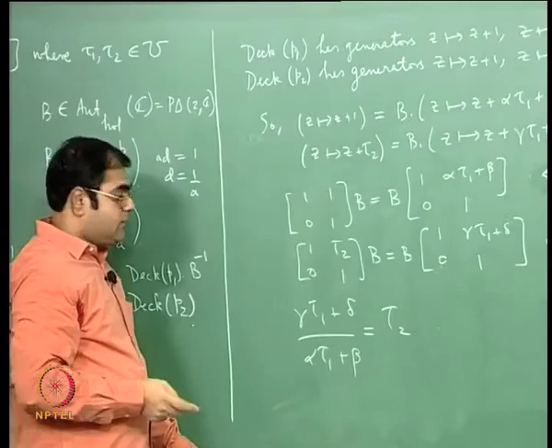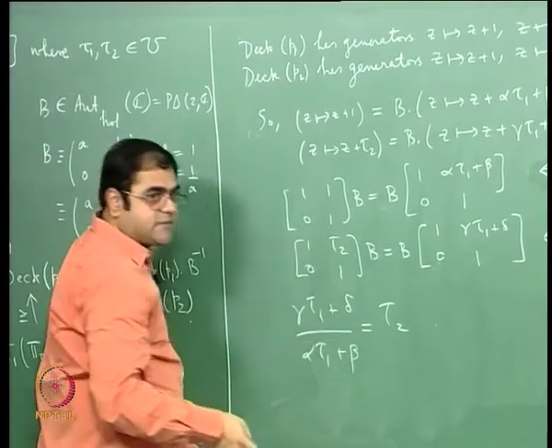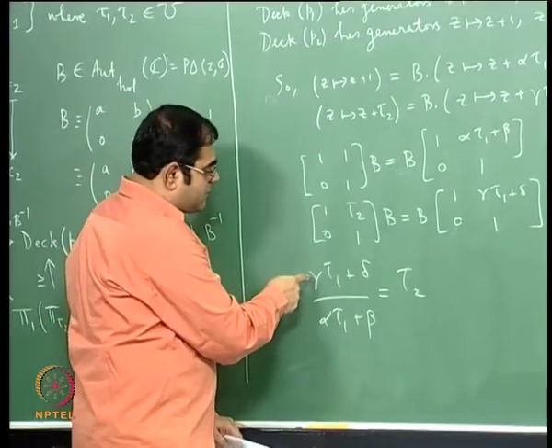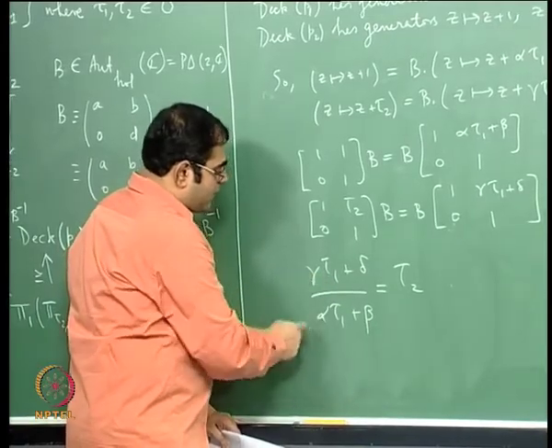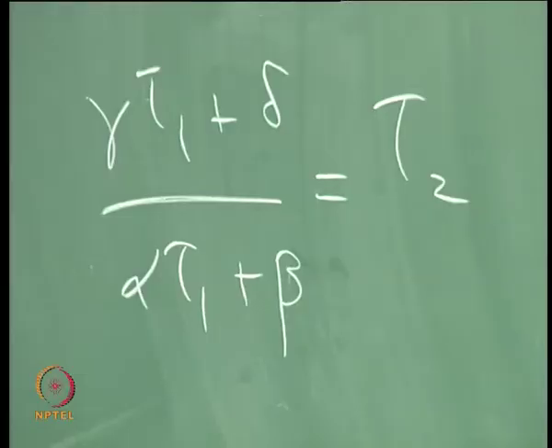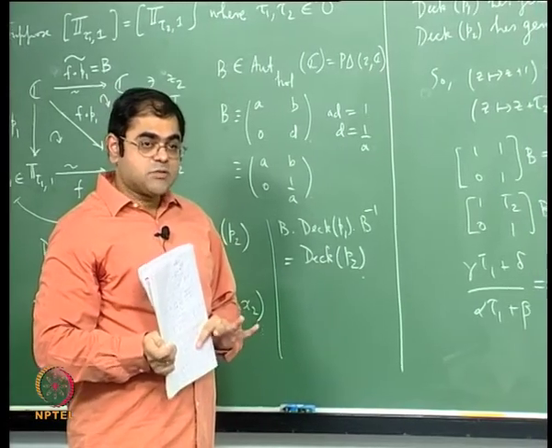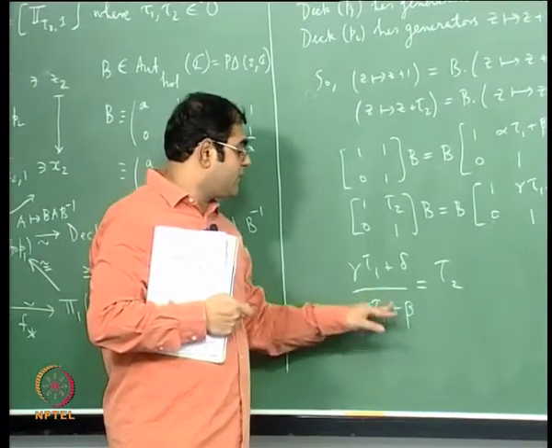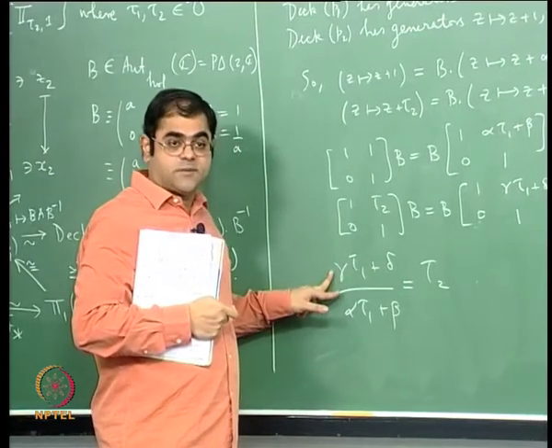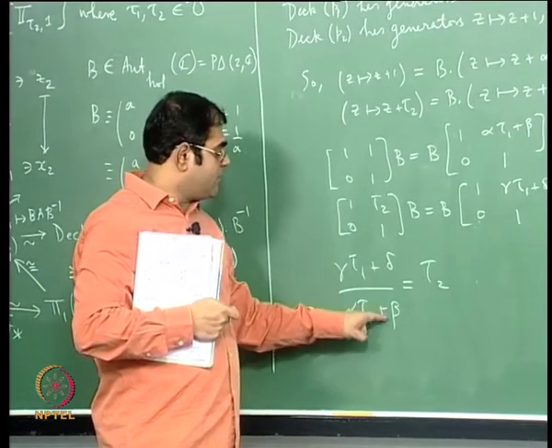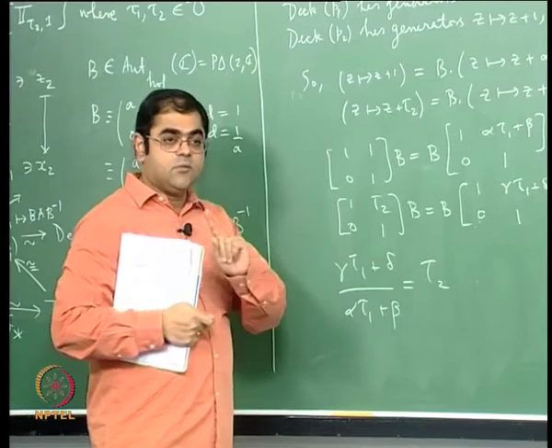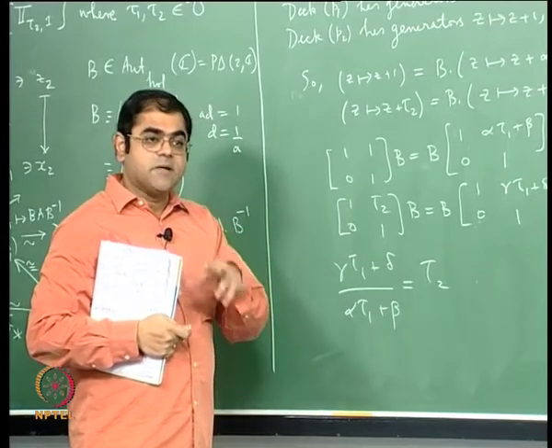Now there's a point here, there's a check that has to be done to say that gamma beta minus alpha delta is actually equal to 1. One has to, for example, even verify that this is really a Mobius transformation, so one has to really verify that it is, for example, not equal to 0.